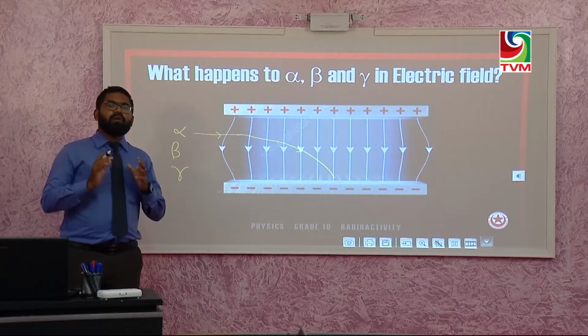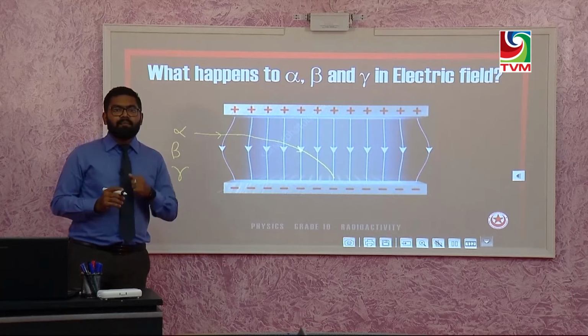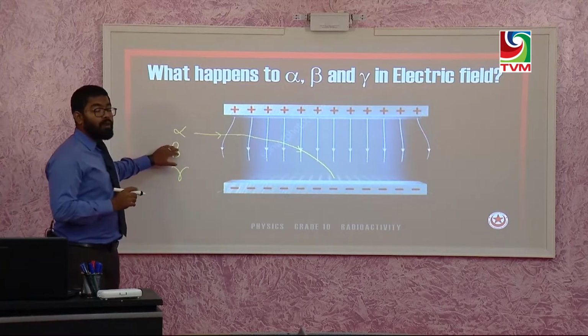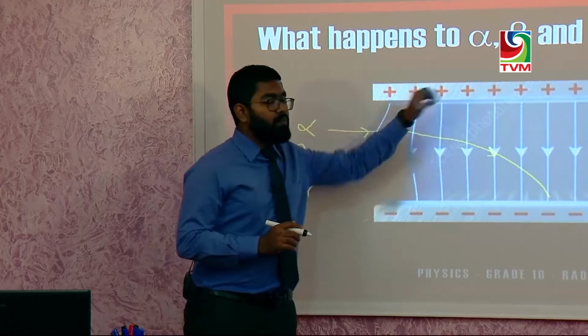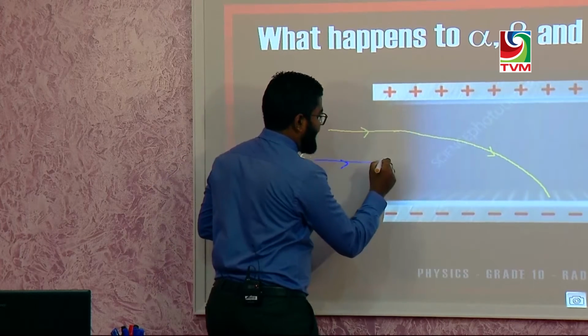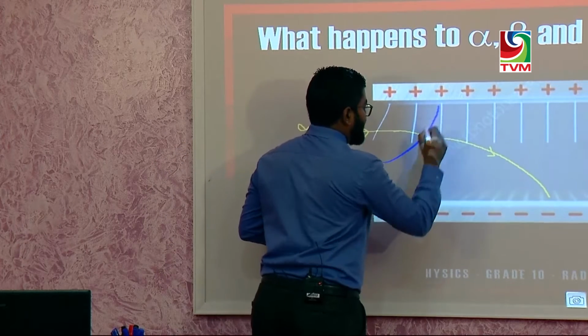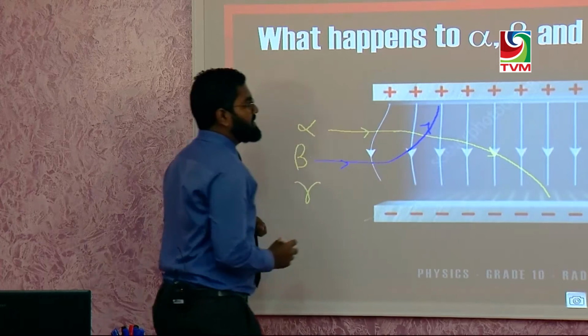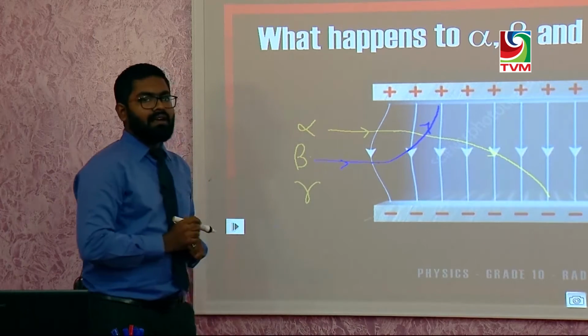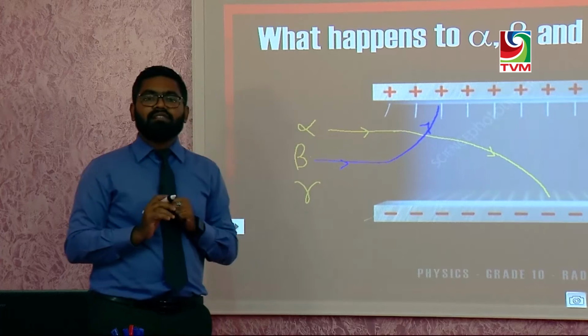Now when we talk about beta particles, since a beta particle has a -1 charge, it will be attracted towards the positive plate. So it enters the electric field and gets deflected towards the positive plate. But gamma rays do not have any charge.